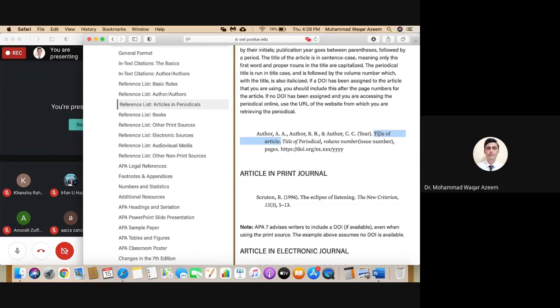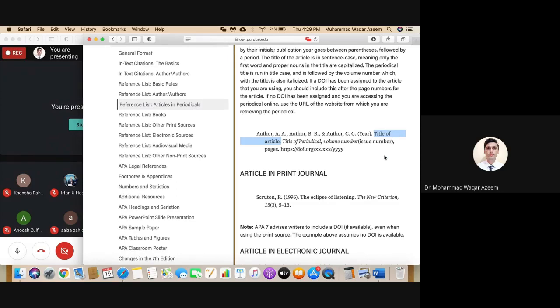Okay, notice these words, title of article, have been written without italics. And these words have been written in such a manner that just the first letter of the first word is uppercase. You have to write the title of the article exactly in the same form. Just the first letter uppercase, all the rest of the letters are lowercase.